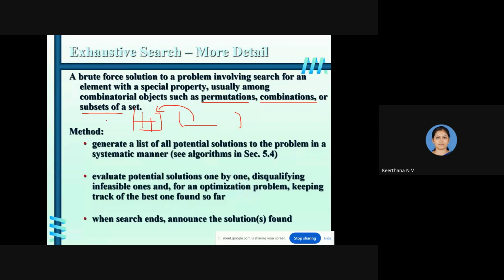The third is subsets: you divide your sets into subsets, that is, into modules, and then apply the permutation technique to your submodules and find the appropriate solution using exhaustive search.